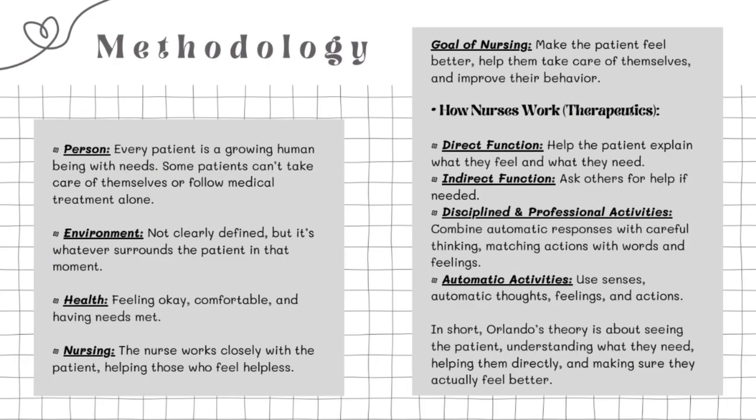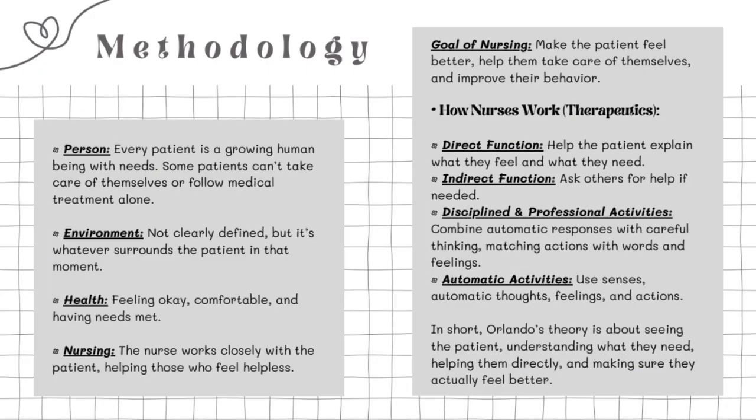Next, let's look at the goal of nursing. The main goal is to make the patient feel better, help them take care of themselves, and improve their behavior. Now, how nurses work or their therapeutic functions. First is the direct function, where nurses help patients explain what they feel and what they need.